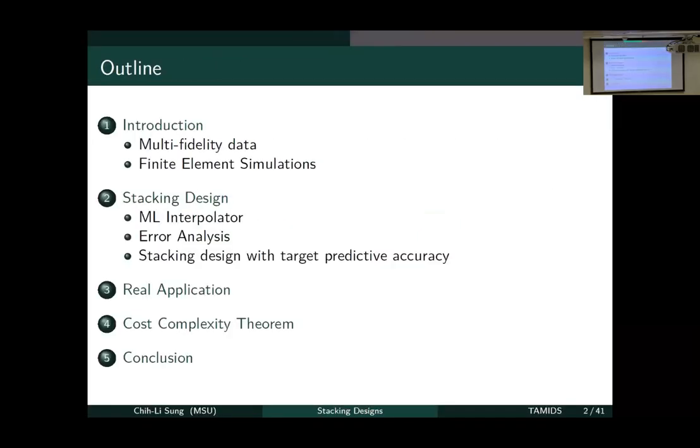All right, so this is the agenda for today. I will first introduce multi-fidelity data, and I will use an example to show you the challenge of the problem, and we'll move on to our proposed method. To explain this method, I have to talk about the model we are going to use for these multi-fidelity simulations, and I will show you some error analysis for this statistical model.